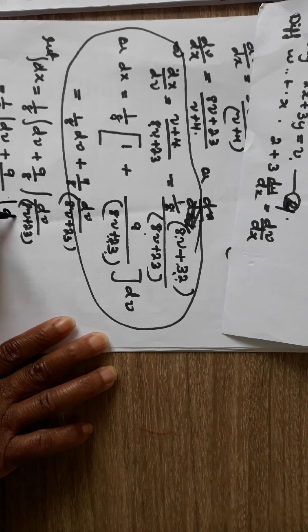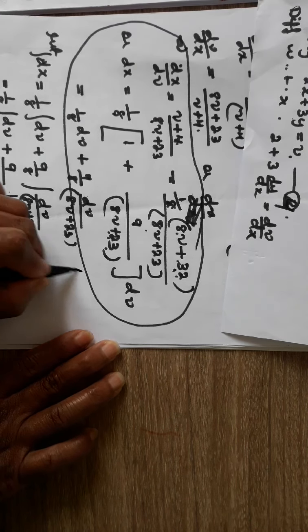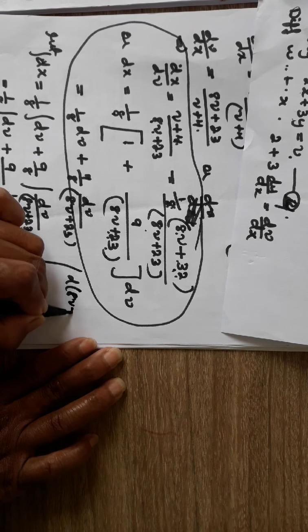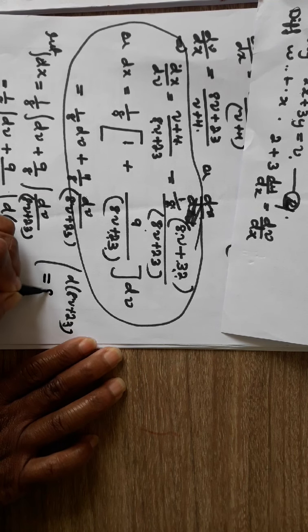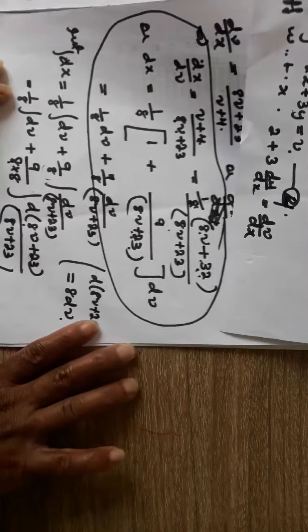Because d of (8v plus 23) is nothing but 8 into dv. So there is no 8 here, that's why I have introduced 8 in the denominator, so that the 8 which comes from here gets cancelled, and remains as this one only.